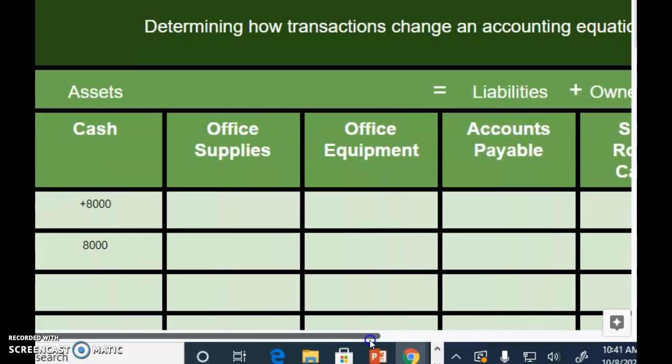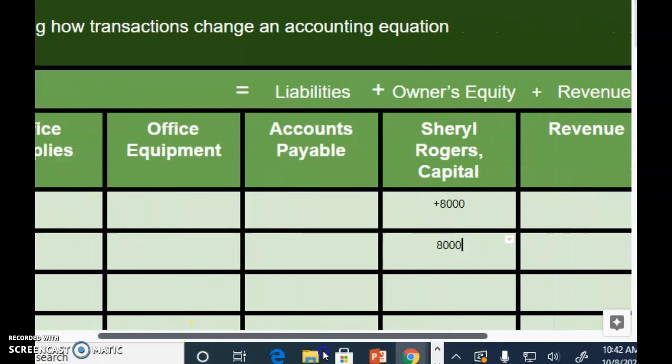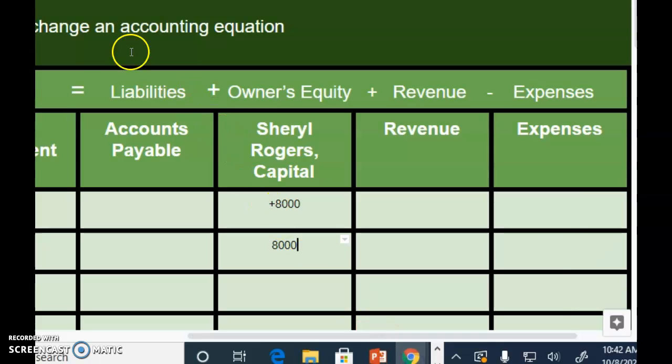But you see here's your equal sign, and you increased your assets on this side of the equal sign. You increased them by $8,000. So on the other side of the equal sign, everywhere from liabilities through expenses, you have to increase it $8,000. Well, you did. You increased the owner's equity. So your account is in balance.